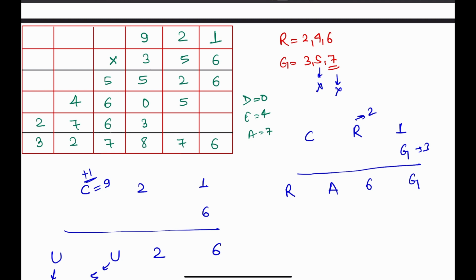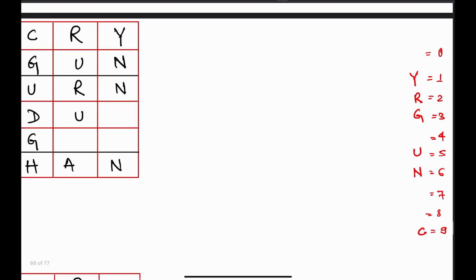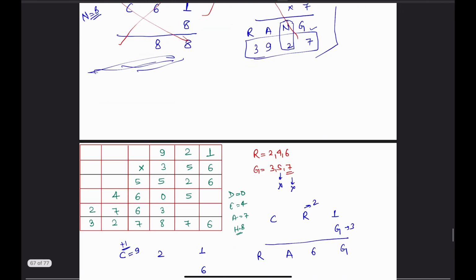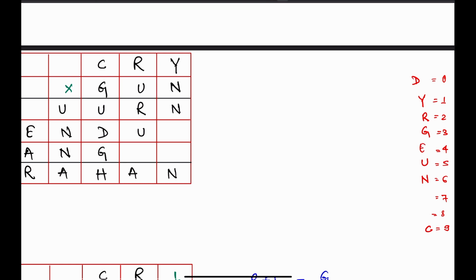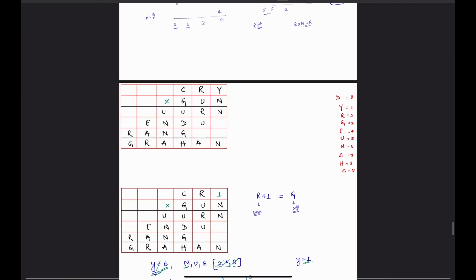So my H is 8. And we just need D0 E4, my D is 0, and then E4 A7, A7 H8. This question is done.